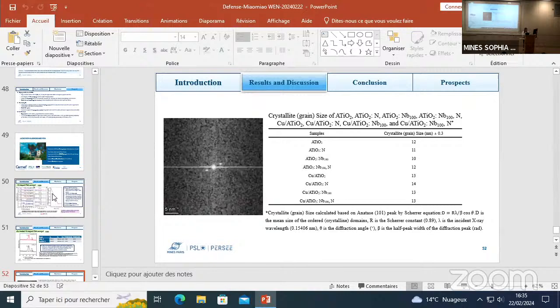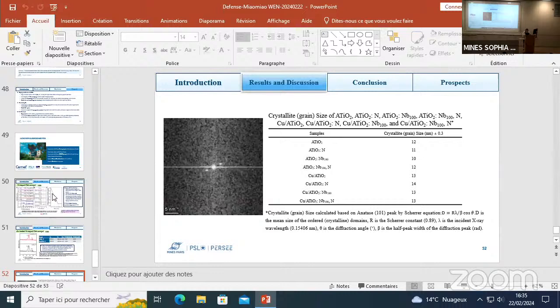I know for anatase it's not so easy because there are several peaks at the same angles. But if we look between 45 and 50 degrees, we have one, and maybe you can try to make the deconvolution of the two following peaks around 55, for example.